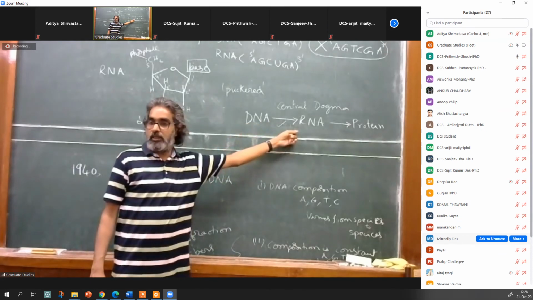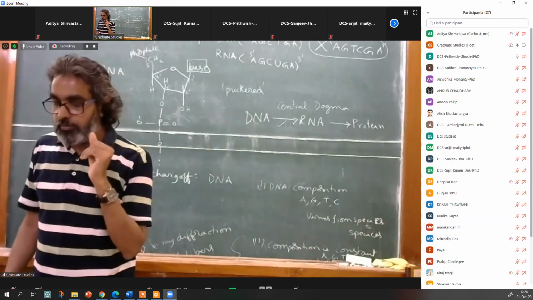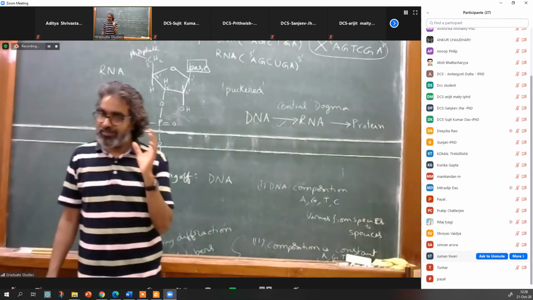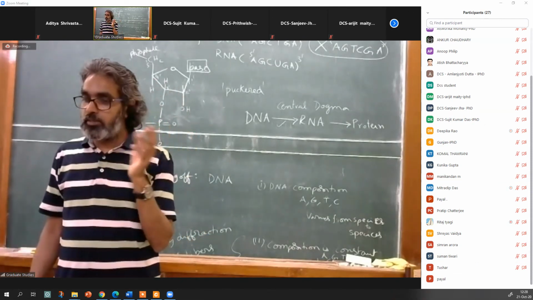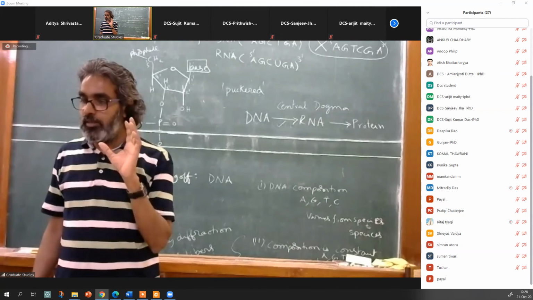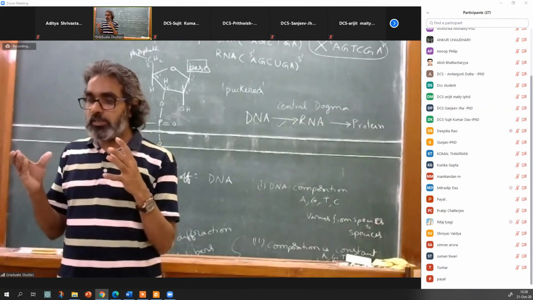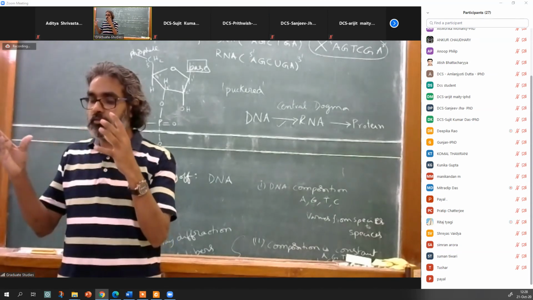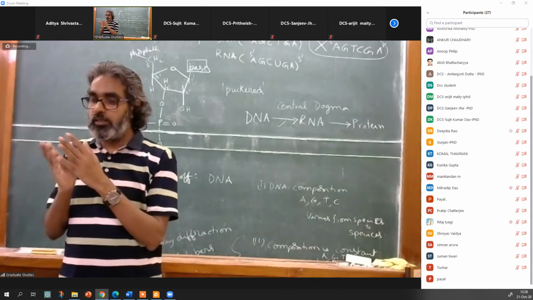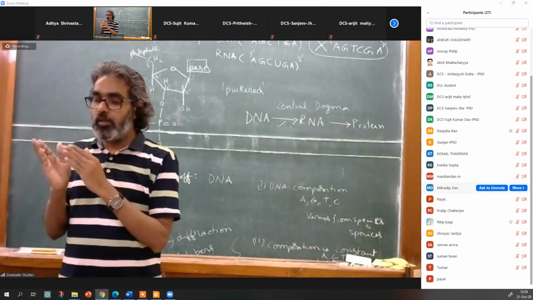So there is something called differentiation. During development, life starts with a single cell. When it divides into two, more or less both cells are identical. But as it divides more and more, cells need to differentiate into different organs. This cell wants to become a muscle cell, this cell wants to become a brain cell.